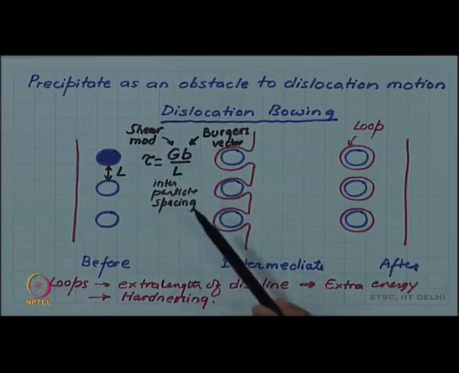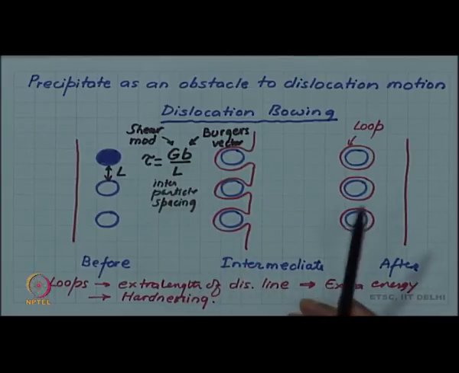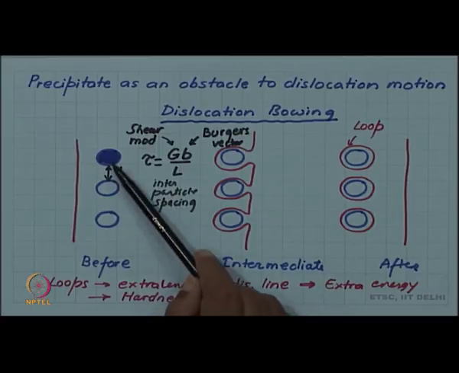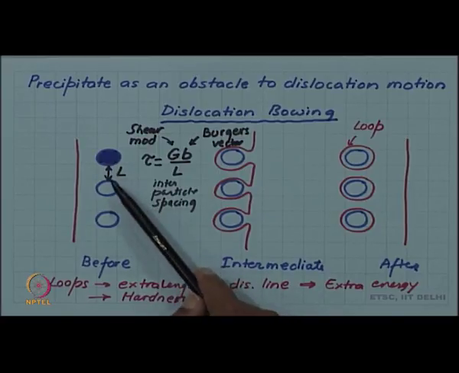So, this formula also can explain the decrease in hardness during overaging. As the particles become coarser and lesser in number, their interparticle spacing starts increasing.